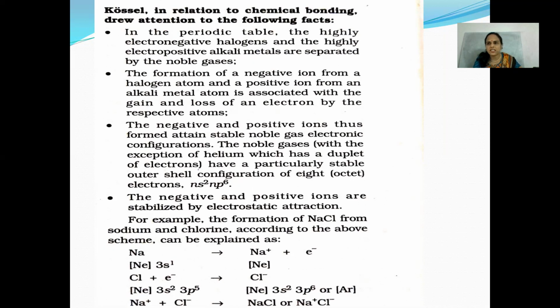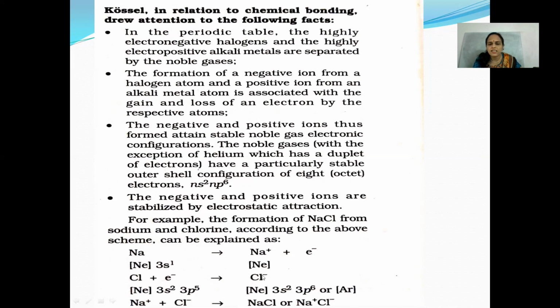Let us consider an example of sodium chloride. Sodium has an electronic configuration of [Ne]3s1. It loses one electron and goes to its ionic state, Na+, that is, it attains the configuration of neon. Cl gains one electron and goes to Cl-.